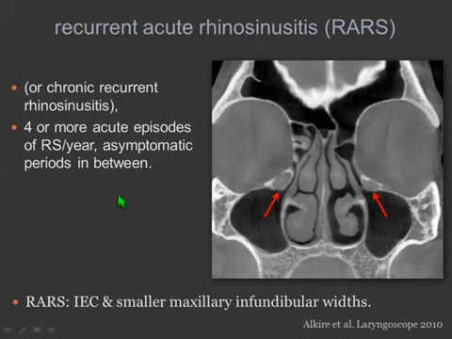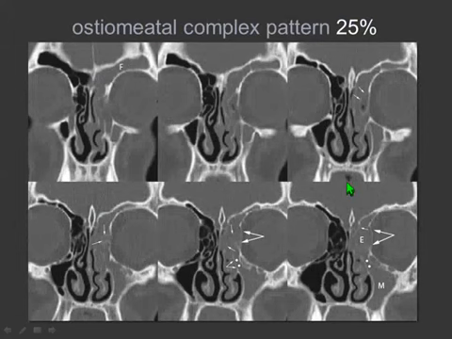You can see that in a condition that can be named recurrent acute rhinosinusitis, in the sense that several episodes of acute rhinosinusitis are present in some patients. In this condition, you see perfectly the ostium and then the infundibulum, and then the infundibulum emptying in the agger nasi cell, and then you see that the size and the passage is hampered by the presence on both sides of the infraorbital ethmoidal cells.